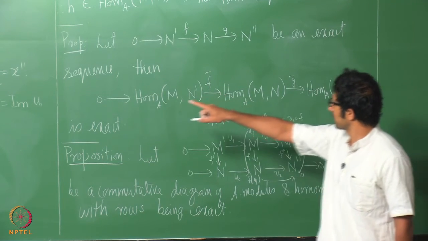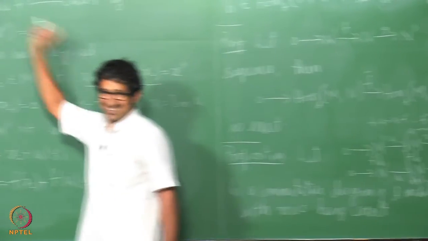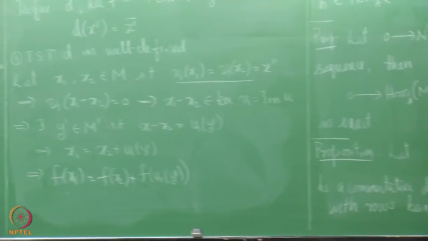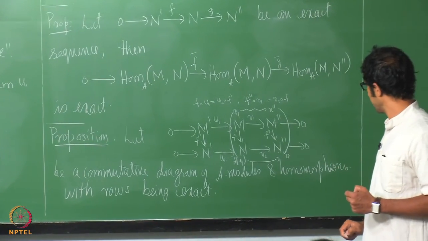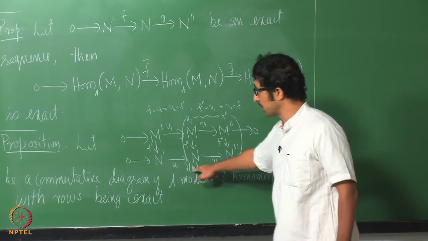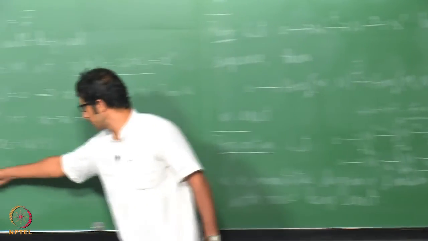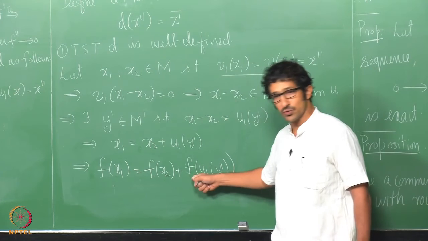Where is x double prime? What is x double prime? We are defining a map from, right. We have started with an element in the kernel of f double prime. So V2 of f x1 is 0, V2 of this is 0, therefore V2 of this is 0.